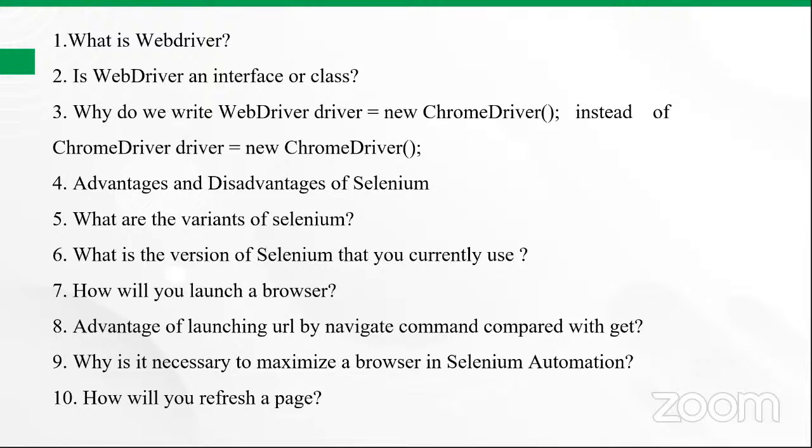And Selenium also supports many browsers. You can run your test in Chrome, Firefox, Edge, any browser you like. Also, Selenium can be integrated with Maven or Ant, which is used for build management.